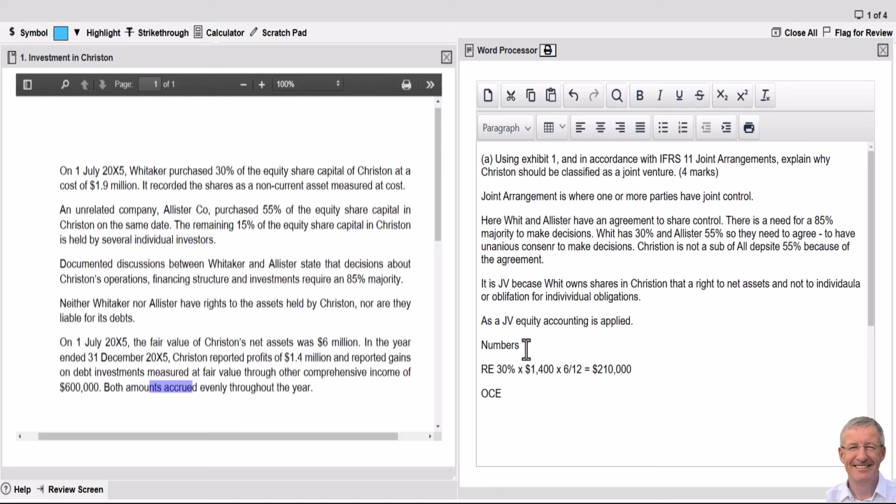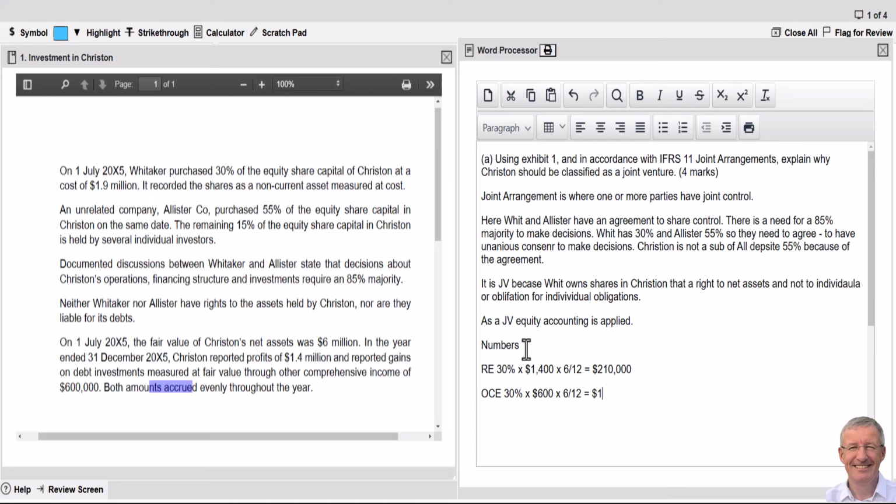So the joint venture's been making gains which have gone through equity, so we can claim our share of those as well. Our share of those is 30% of 600, and we are going to deal with that as 6/12. Half of 600 is 300.